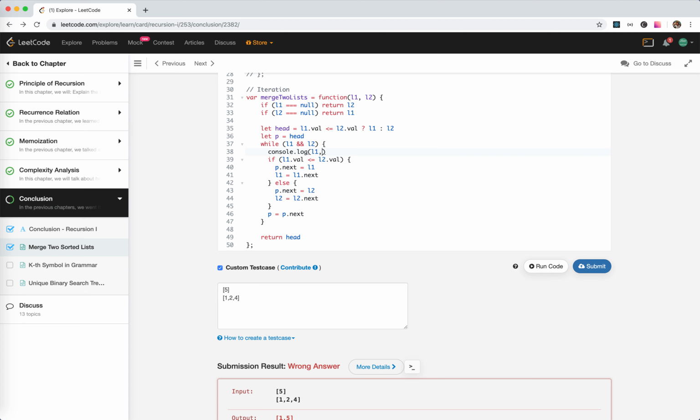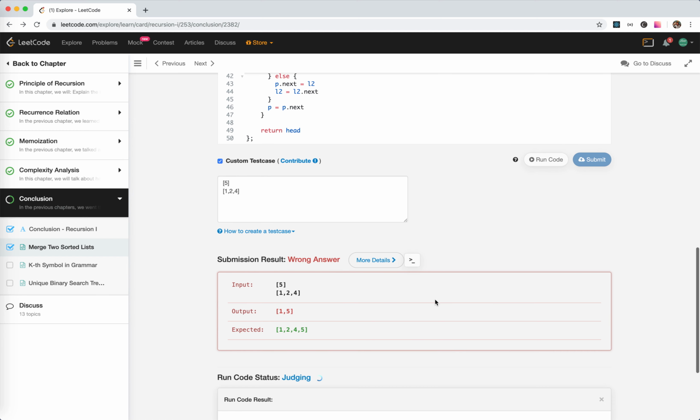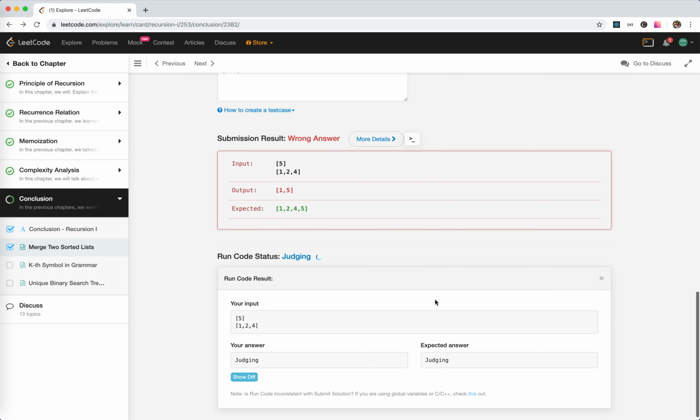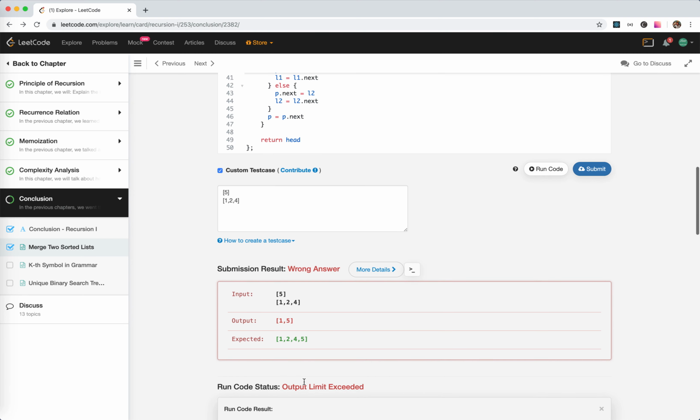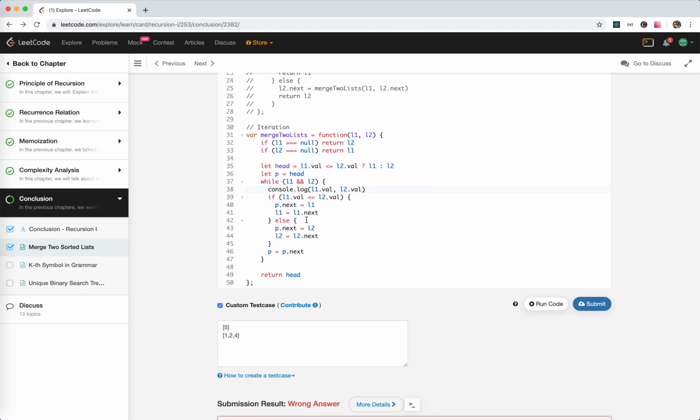Really? Five one. Because L2 is smaller, right?